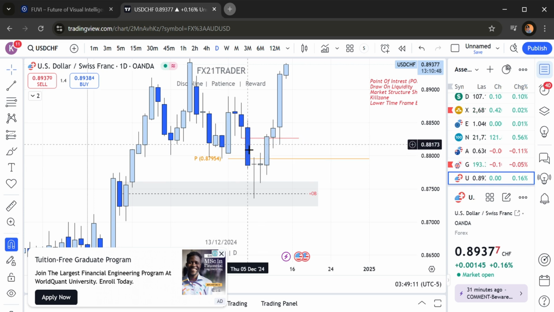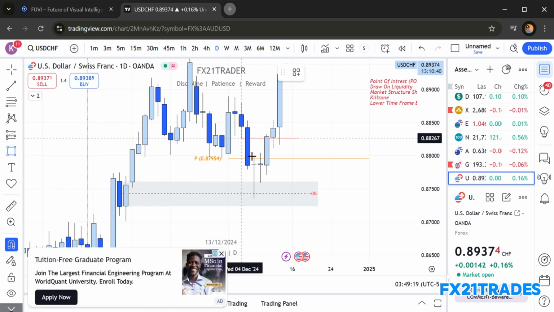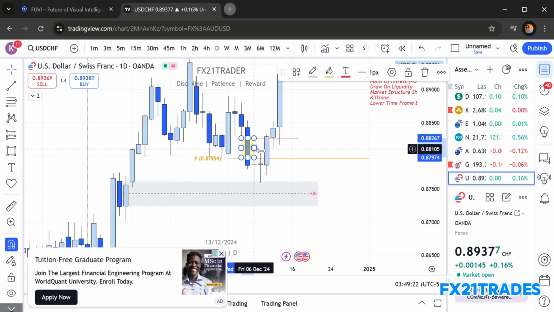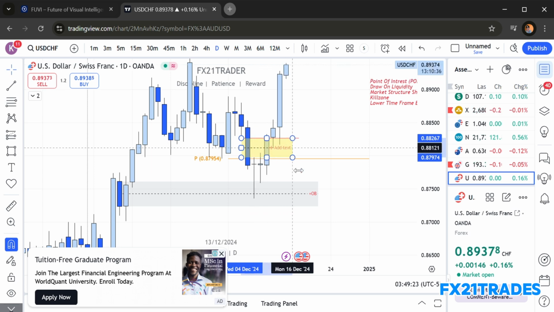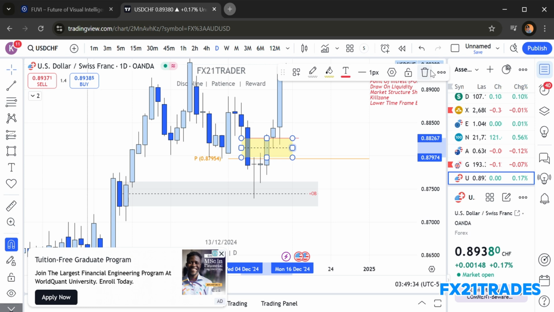For example, this fair value gap right here, this would be my point of validation to know that we are now bullish. As you can see right there, we want to see a closure above. This was what we would call our market structure shift in this sense.